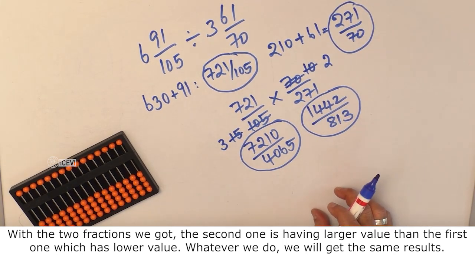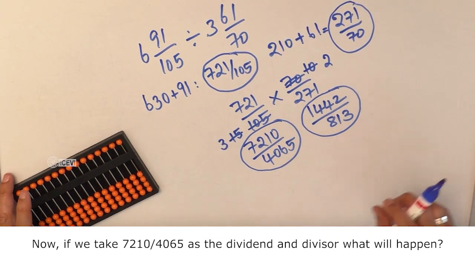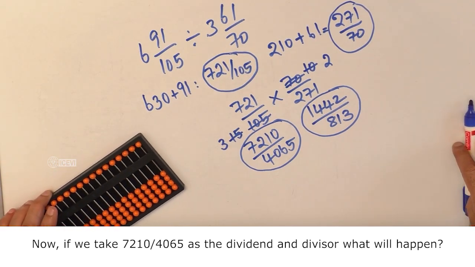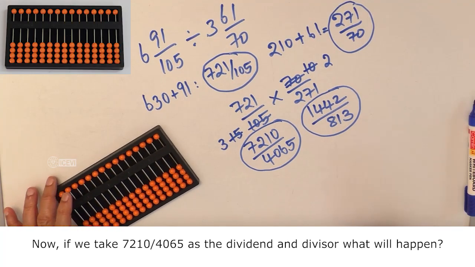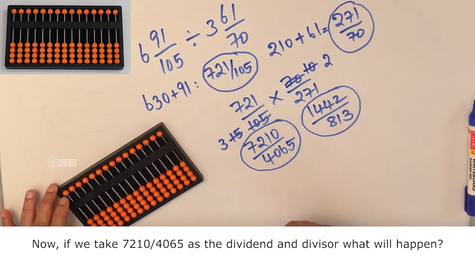Whatever we do, we will get the same results. Now, if we take 7210 by 4065 as the dividend and divisor, what will happen?